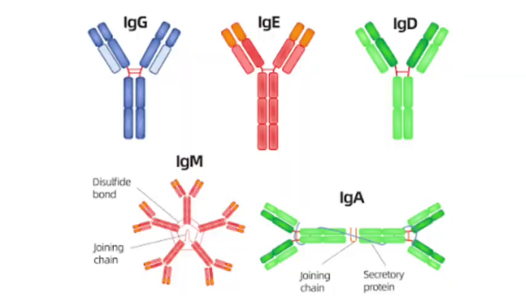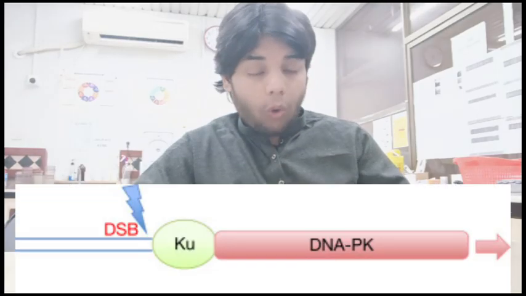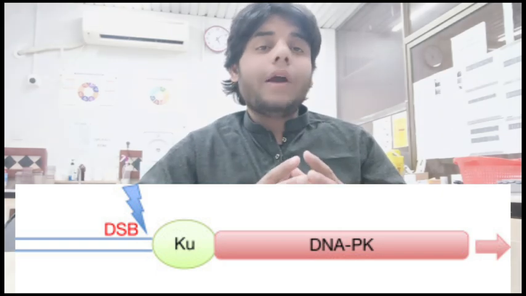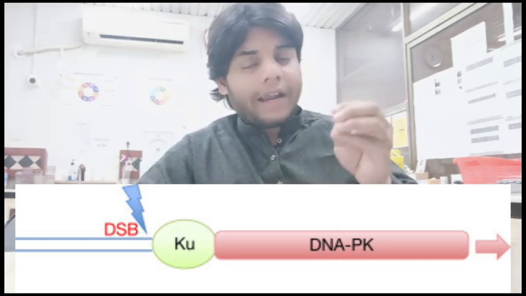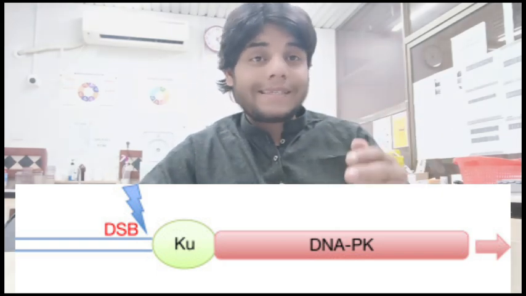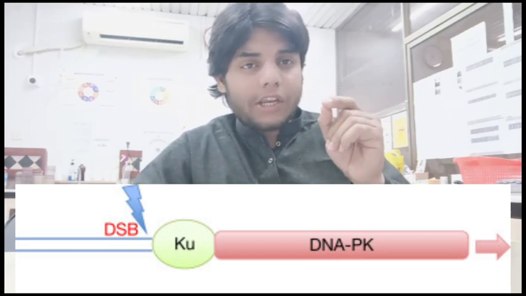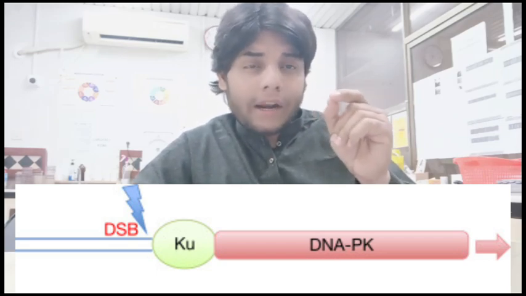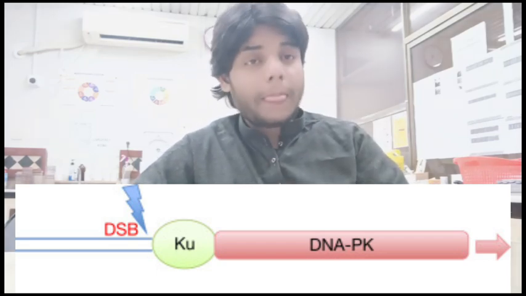Now this anti-KU antibody is a type of autoantibody against the KU antigen. Now what is KU antigen? KU is a type of protein found inside the human cell nucleus, which is specifically responsible for DNA repair mechanism.